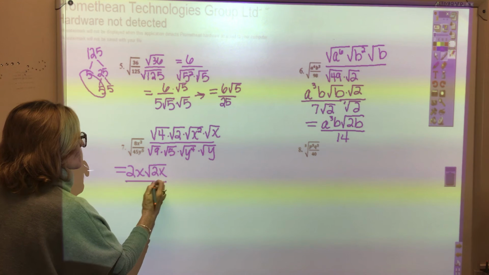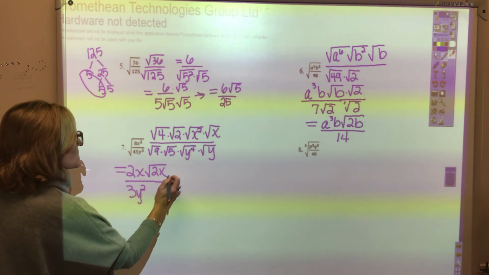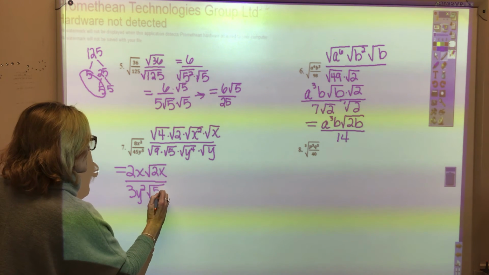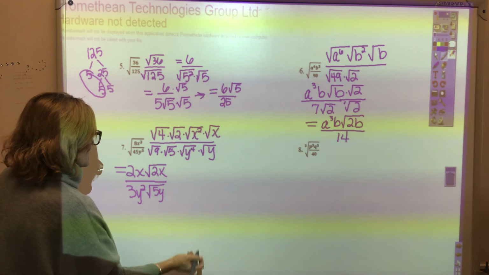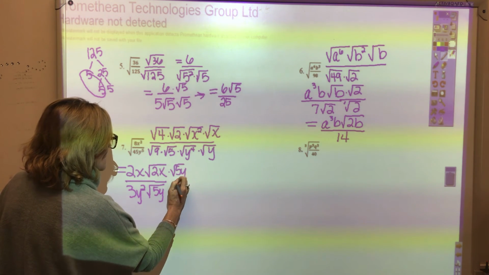In the denominator I would have 3y squared, because I'm dividing 4 by 2, square root of 5y. Now I need to multiply by another square root of 5y to get rid of the radical.